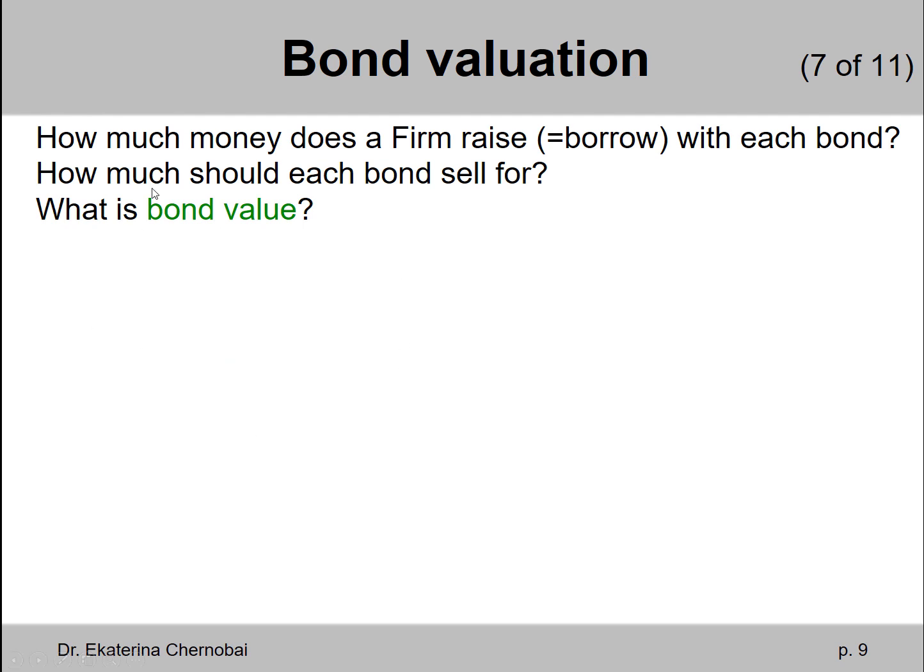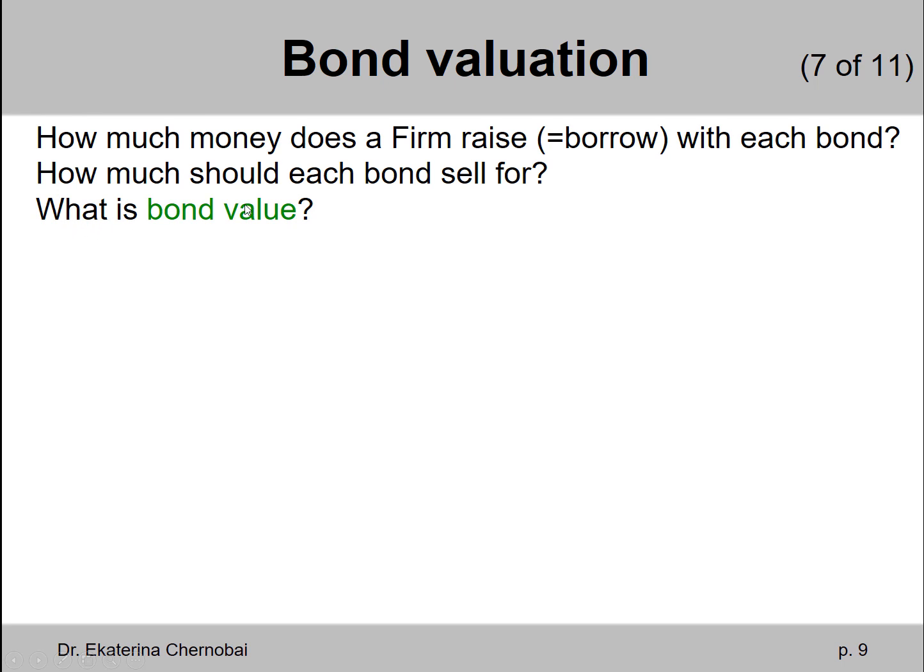Okay, so now let's look at the price. What determines the price of a bond? Well, the price should reflect how much a bond is worth, or the bond value. And each bond should be worth no more than how much money it brings you in the future. So you would never want to pay more than what you're expecting to get from the company that issued the bonds.